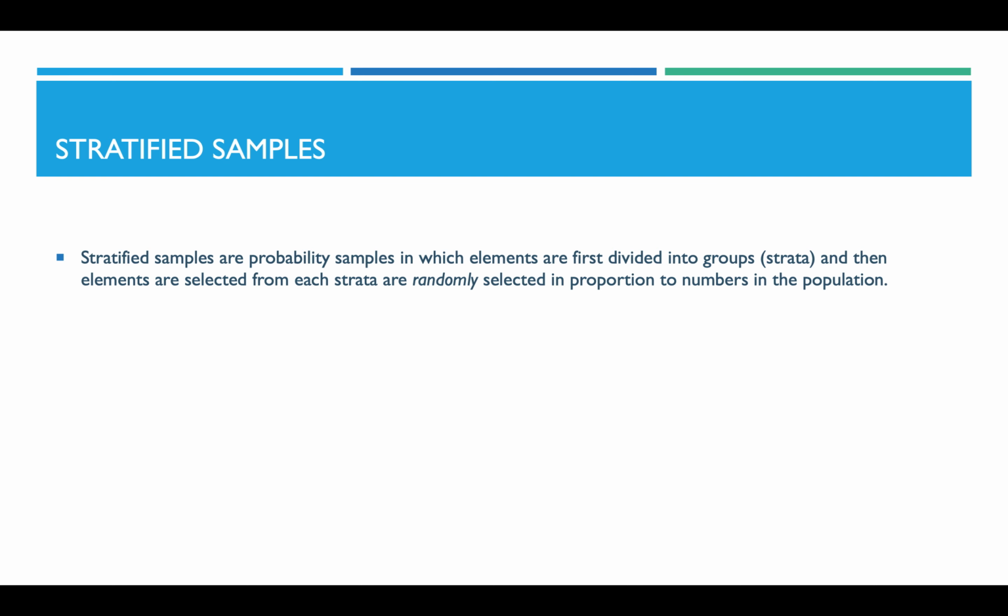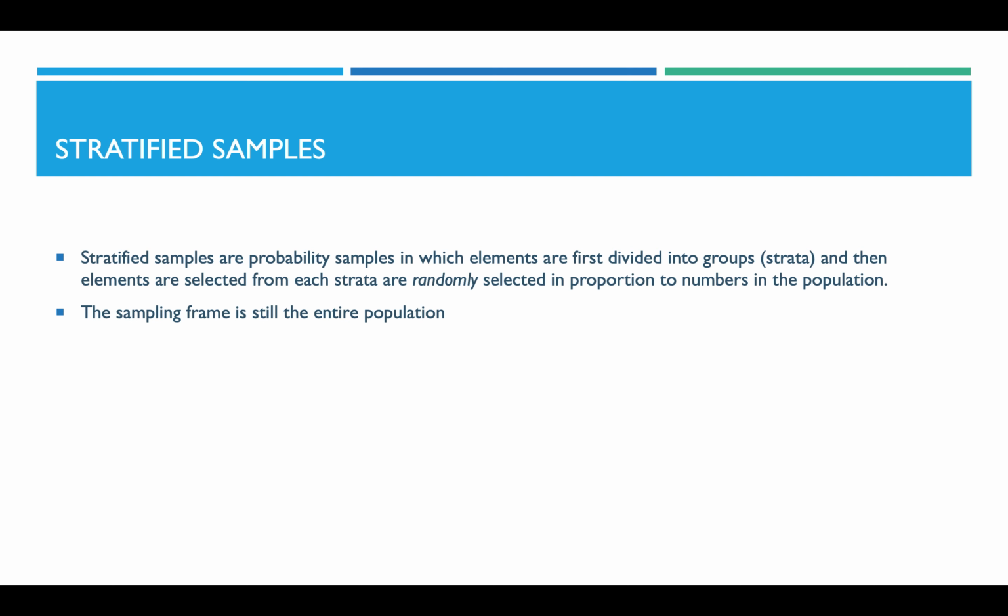What we would do is we would take our list and we would divide everyone on the list into whatever relevant racial category there is. And then we would randomly select elements from each of these different strata until we get a sample where the proportions of each group in the sample match the proportions in the population.